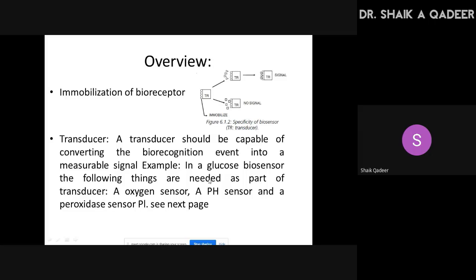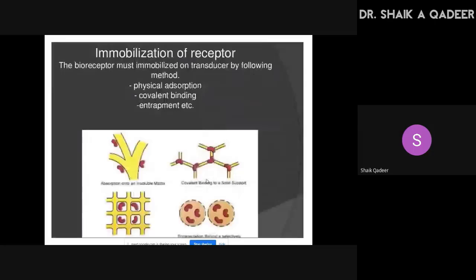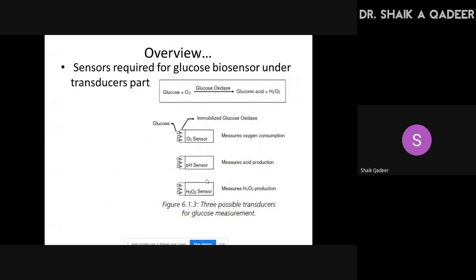I'm going to show you that with the help of a proper figure. Hope you understand the meaning of transducer in case of biosensor. Now, please see this figure, taken from the textbook chapter 6. Figure 6.1.3, the three possible transducers needed for glucose measurement.